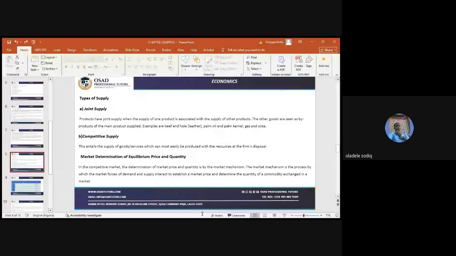The other goods are seen as byproducts of the main product supply.